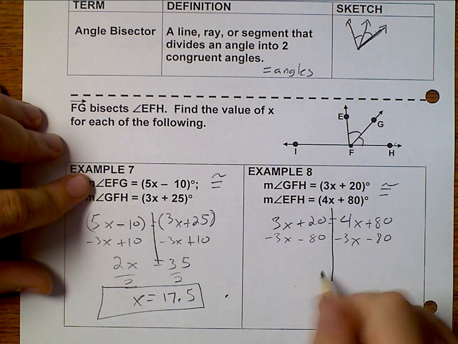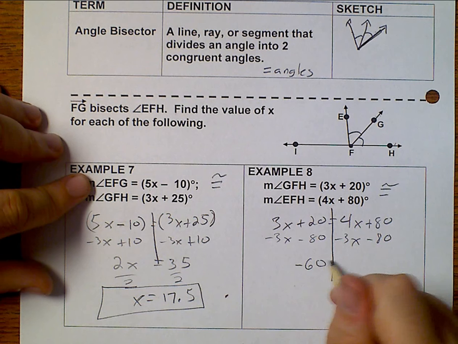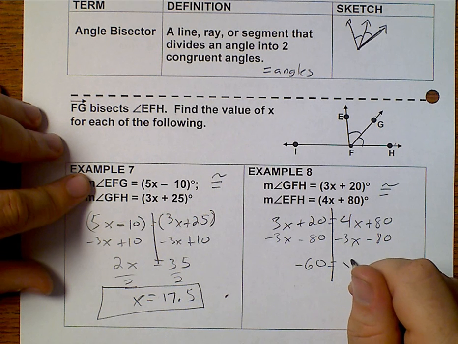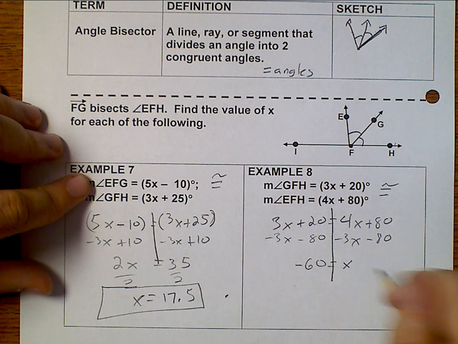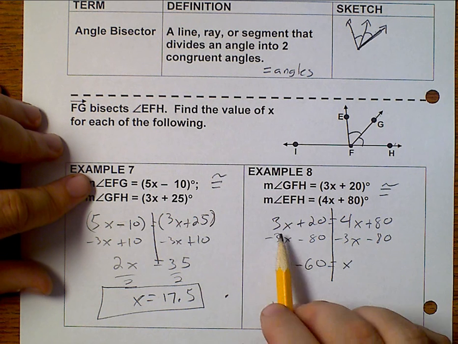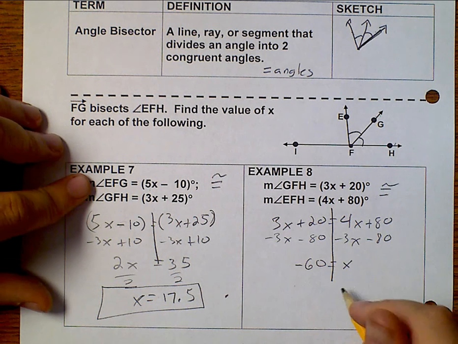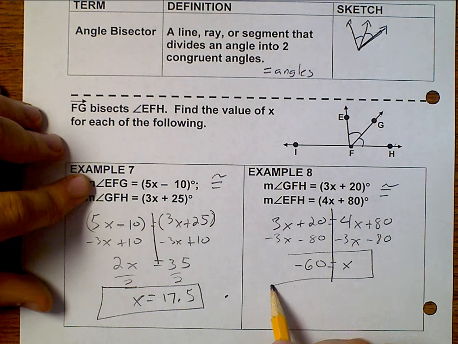I get that negative 60 equals x. And so x must equal negative 60.